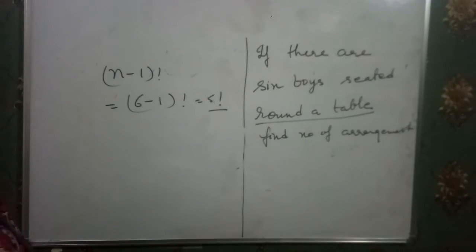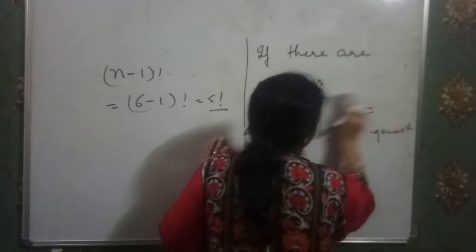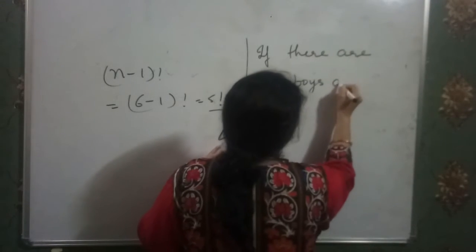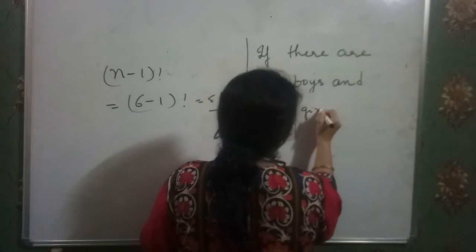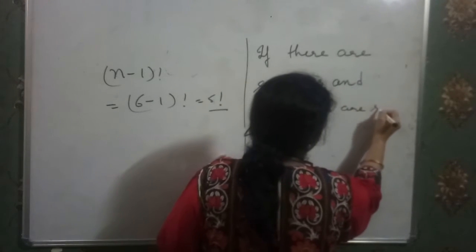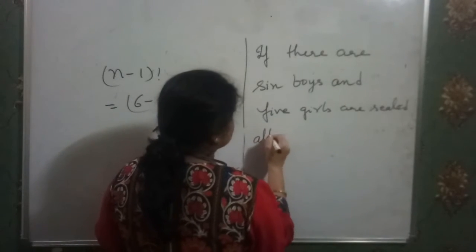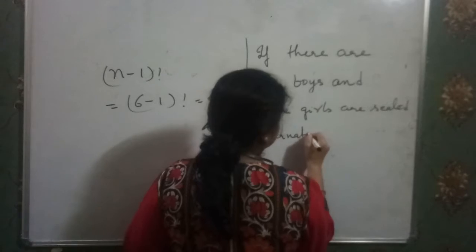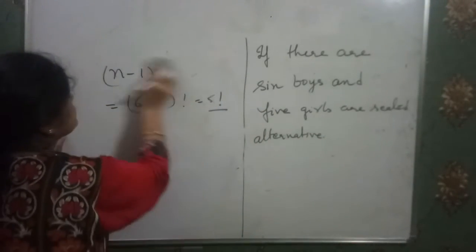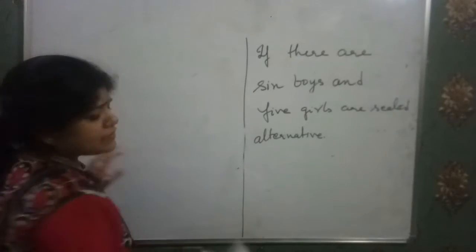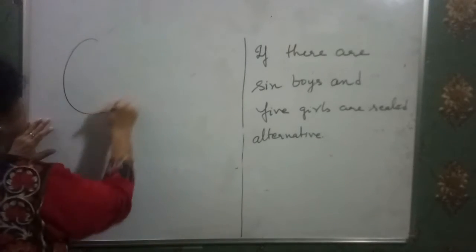Clear? Now if I extend this question in this way, if 6 boys and 5 girls are seated alternatively, and how they can be arranged. So in this case, I take 1 boy fixed.